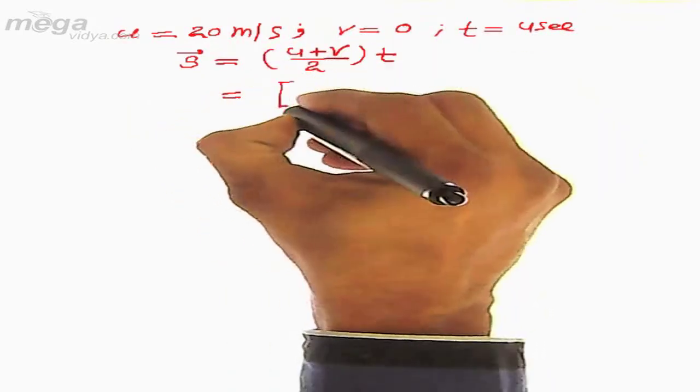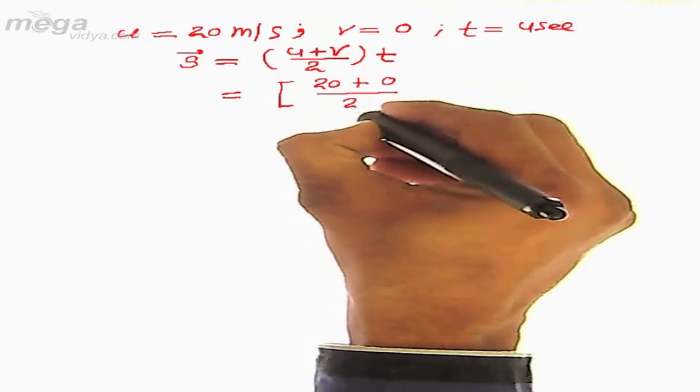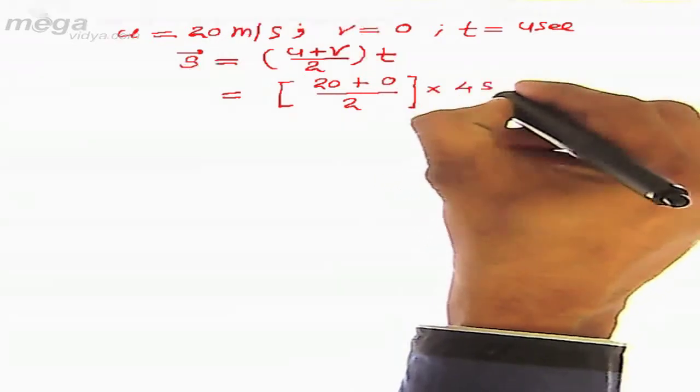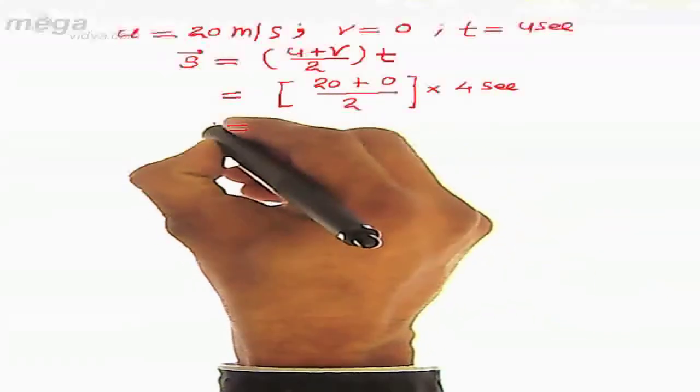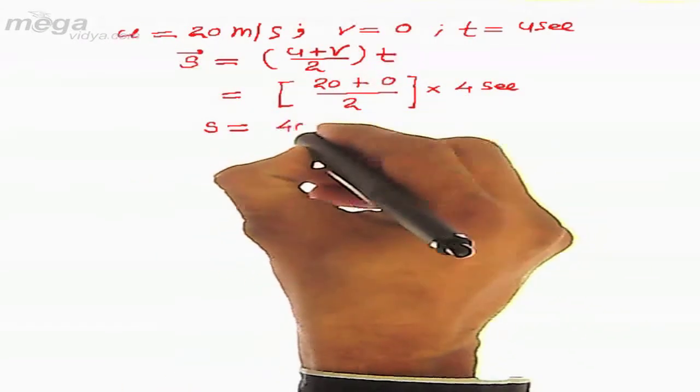We get (20 plus 0) divided by 2 into the time taken, which is 4 seconds. So the answer for this displacement s is 40 meters.